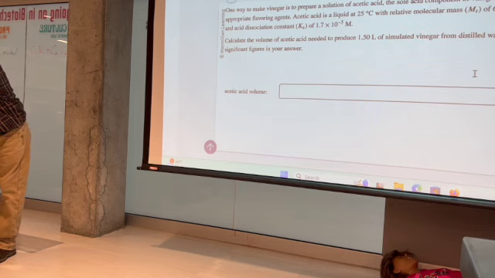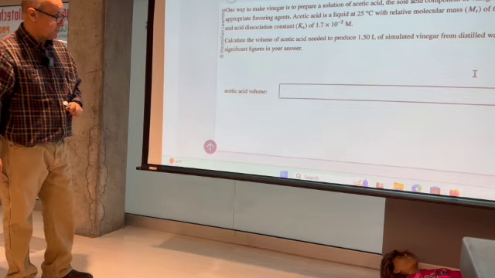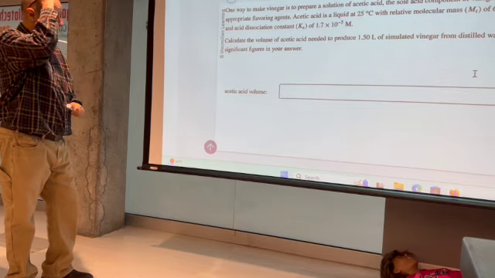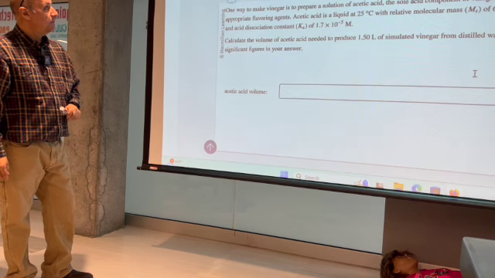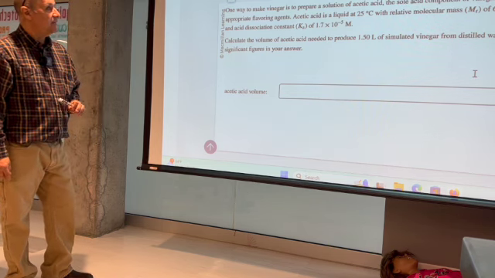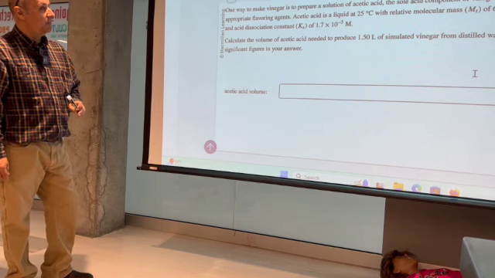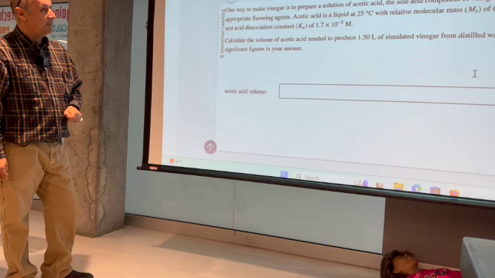Okay. Oh, this is a challenging one. So let's do this together, because this one is going to take some steps. So you may know that vinegar is about 5% acetic acid, but here they're going a little bit more precise.